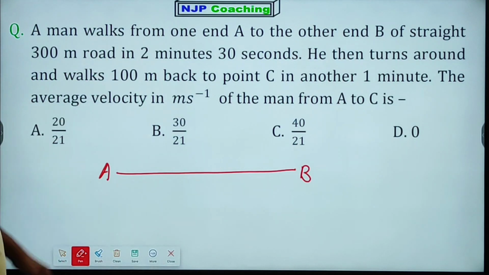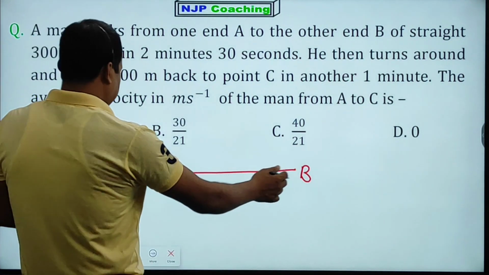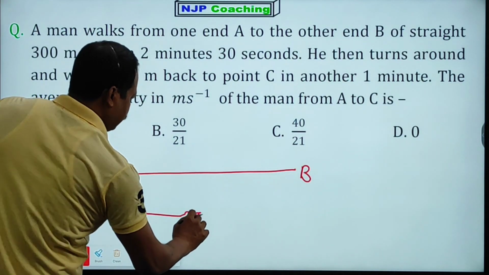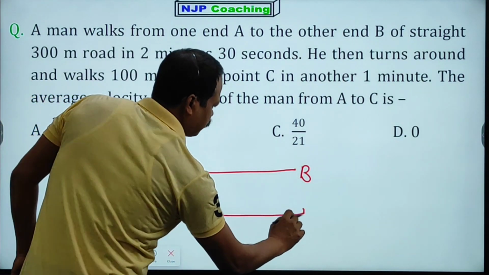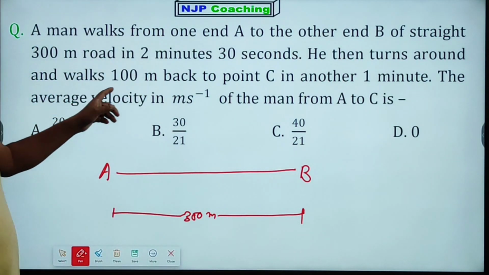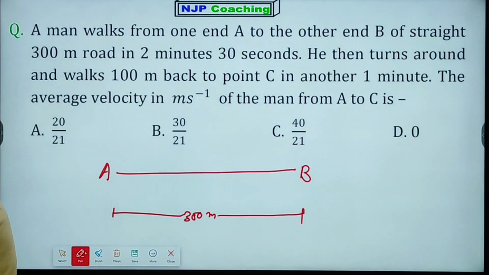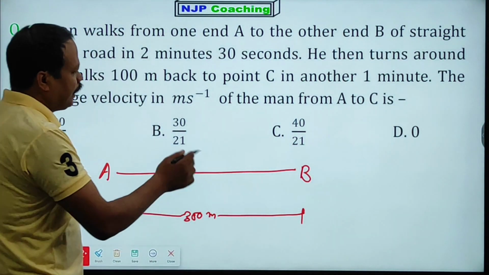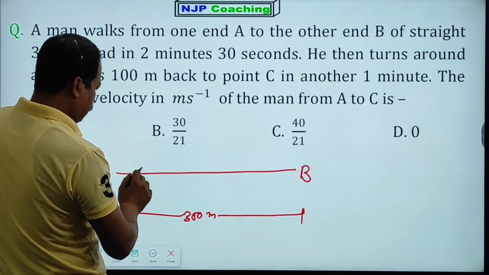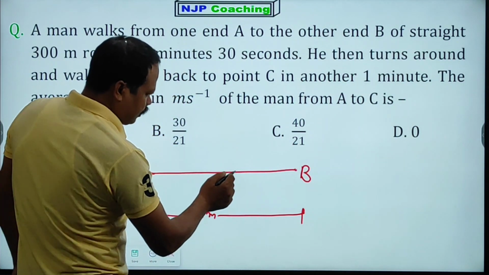A man walks from one end A to other end B of straight 300 meter. What is the distance between A and B? This is 300 meter. From here to here 300 meter. And time taken is 2 minutes 30 seconds. He then turns around and walks 100 meter back to point C. That means first he moves from A to B, then again turns back.